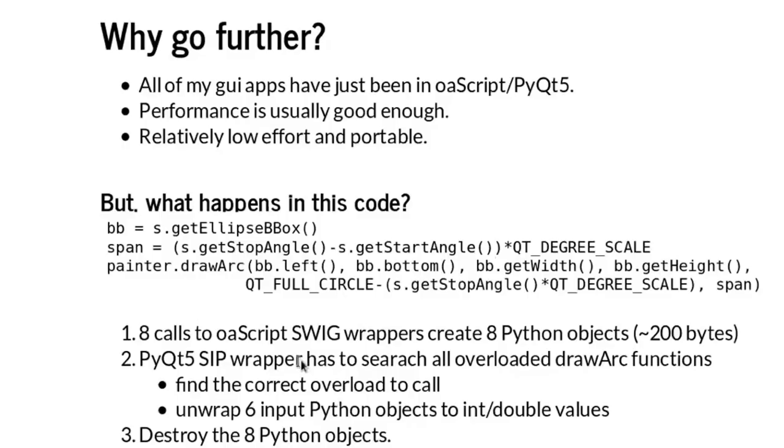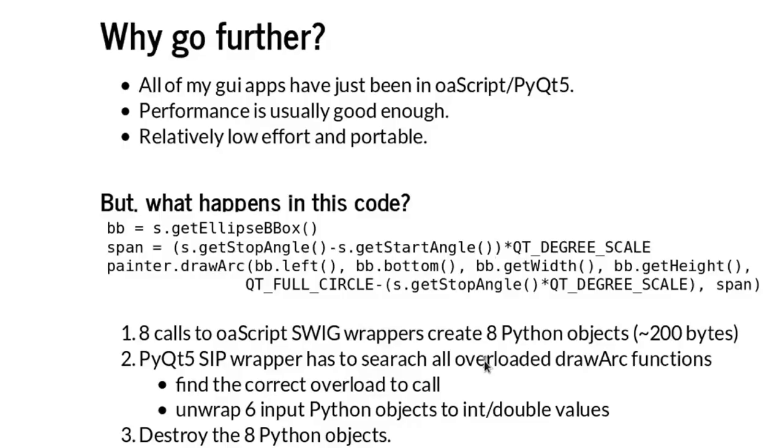PyQt5 is built with a SIP wrapper. It's like SWIG, but it's specific to PyQt5 to support all these special signals and slots that they use. And so whenever you call a function on that, it's the same as SWIG: whenever you call a SWIG function, it has to look at every overloaded function, compare all the variables you sent it after it decodes what they are, and then choose which function to call, and then unwrap all the variables.